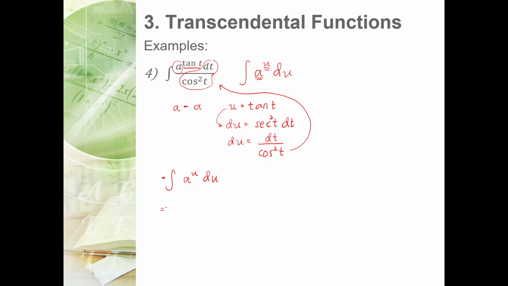So it's simple, di ba? As long as you just follow the format, it will always lead you to the final answer. So that's a to the power of u all over ln a plus c. So the final answer is a to the power of tangent t all over ln a plus c.